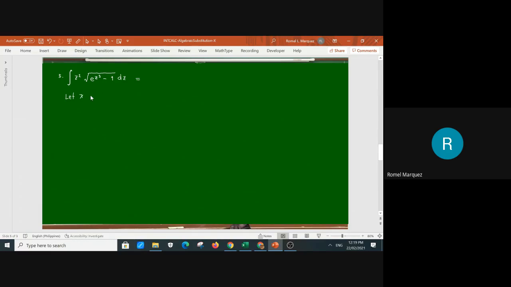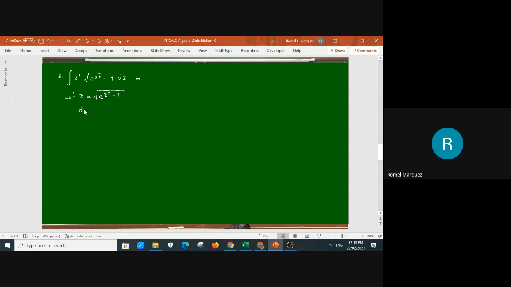So let x be equal to the square root of e to the z cubed minus 1. When you write your z, you put a bar in the middle so that it will not be confused with the number 2. Let's square each side so that this becomes simple to deal with.